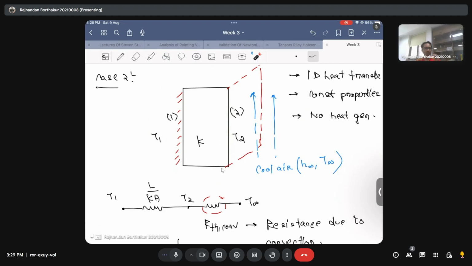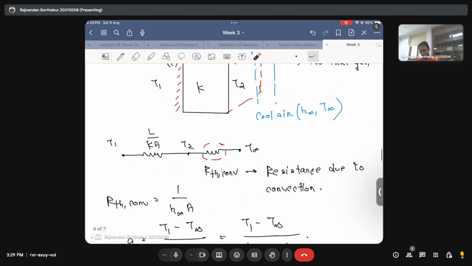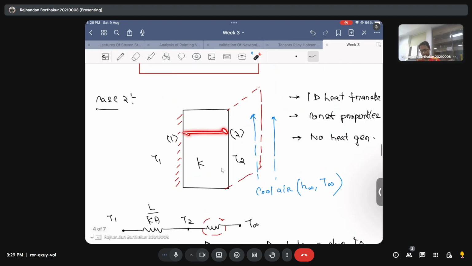And then all I require are material properties. For instance, I will ask you the value of k, the value of the heat transfer coefficient h, and the dimensions, of course, the area associated with this and the length, which is this length.